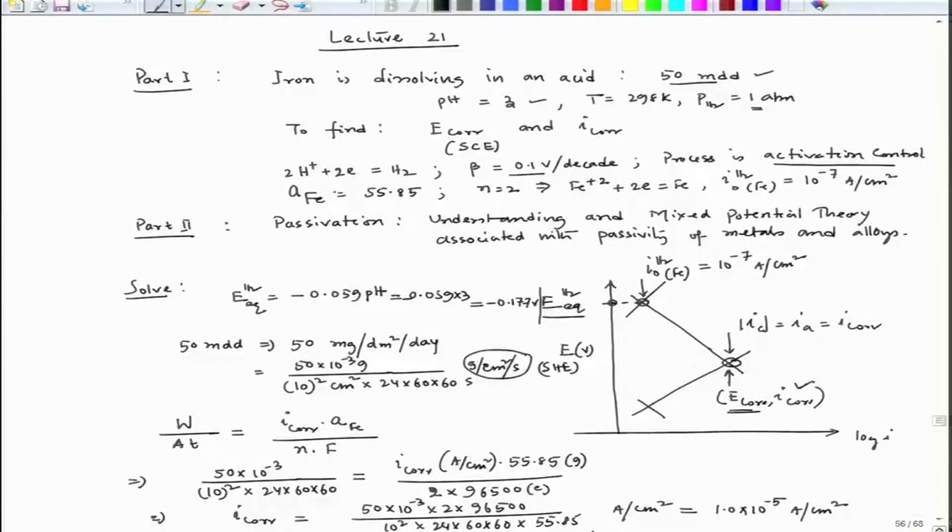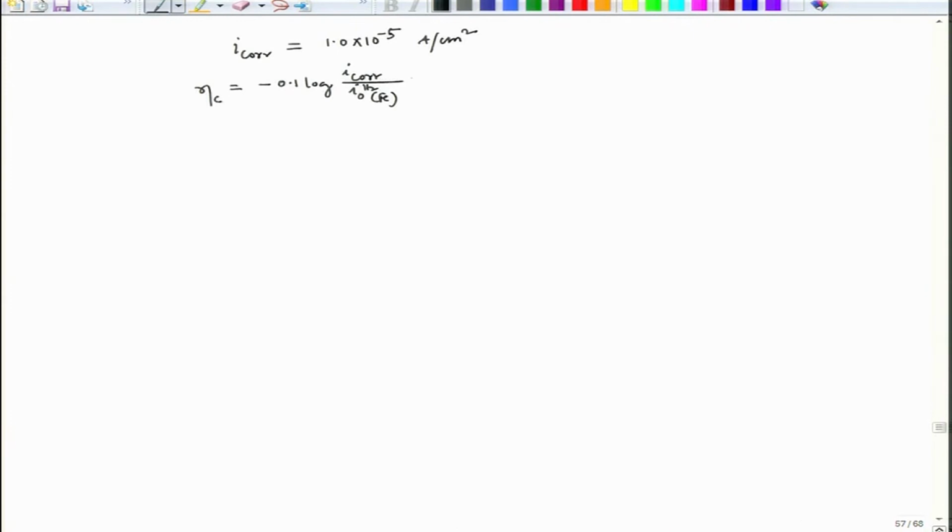So, I can find out over voltage of this amount, and then I get E core minus E equilibrium hydrogen equal to 0.1 into log 10 to the power minus 5 minus 7.